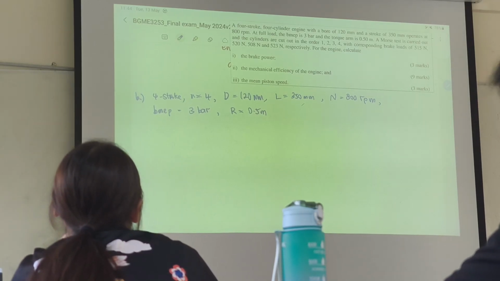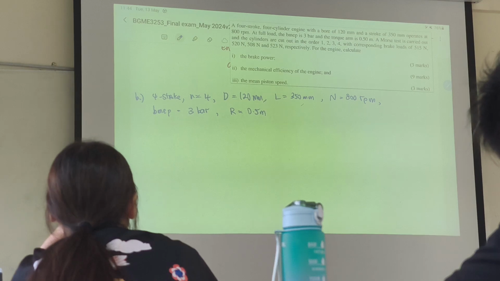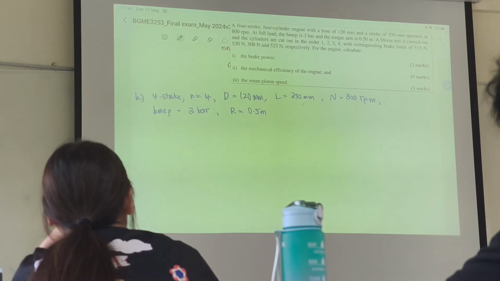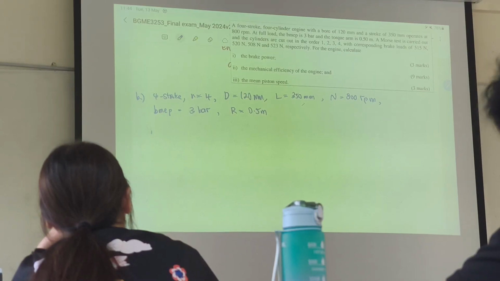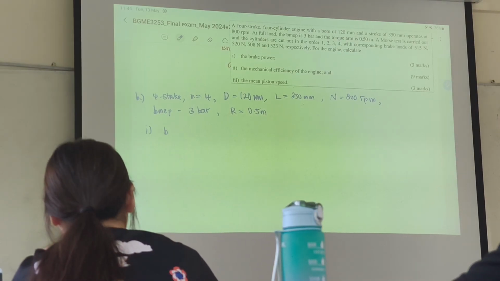For the engine, 1, calculate the brake power, 2, the mechanical efficiency of the engine, and 3, the mean piston speed.